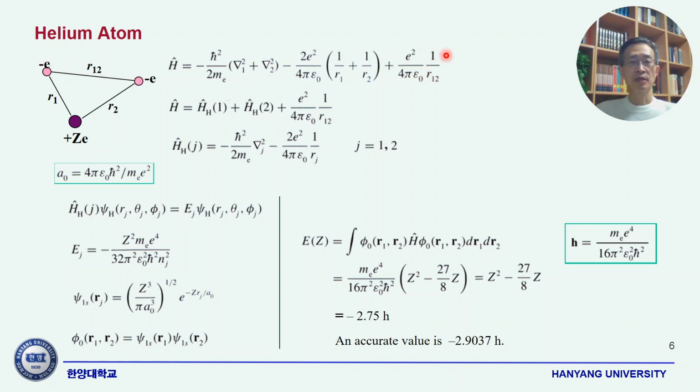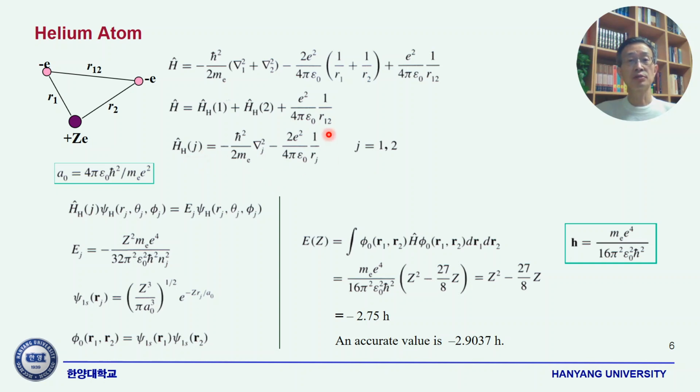If we look closely at this Hamiltonian, kinetic energy plus potential energy, and take minus h bar squared over 2m_e del 1 squared minus 2e squared over 4 pi epsilon naught 1 over r1, this term and that term only, it is the kinetic and potential energy of electron j, 1 or 2, which is a hydrogen-like atom, in this case He+, with one electron.